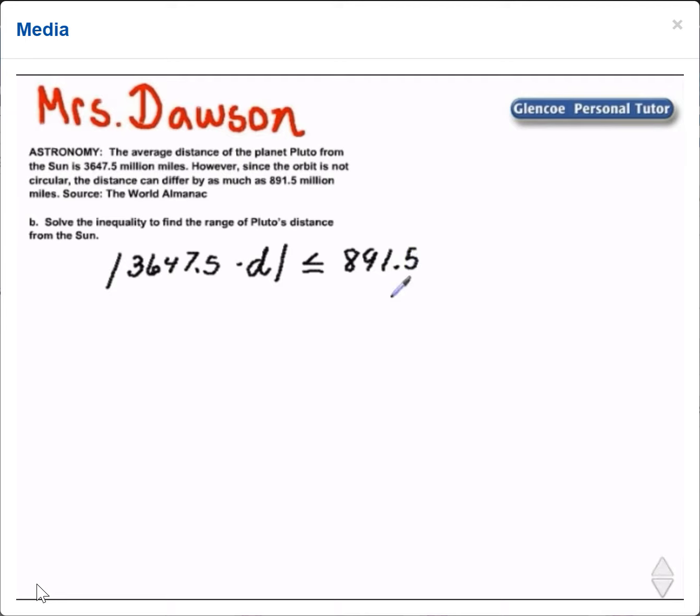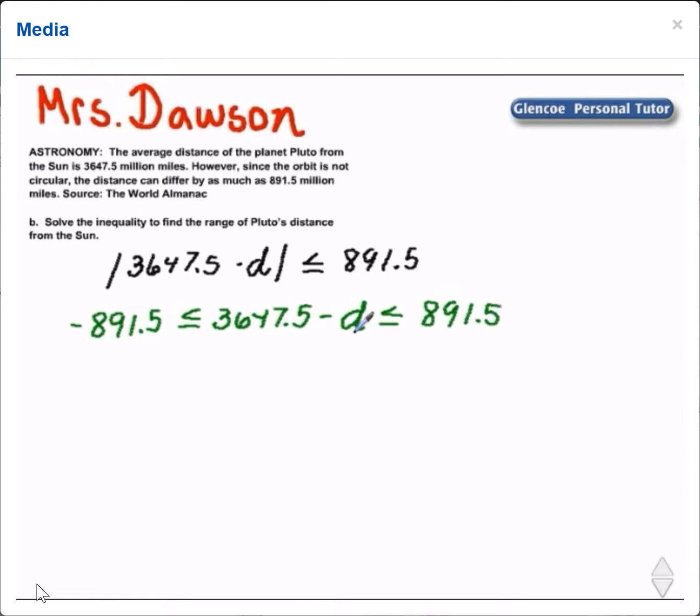Let's rewrite this as a compound inequality. Negative 891.5 is less than or equal to 3,647.5 minus D, which was the distance from Pluto to the Sun, is less than or equal to 891.5.